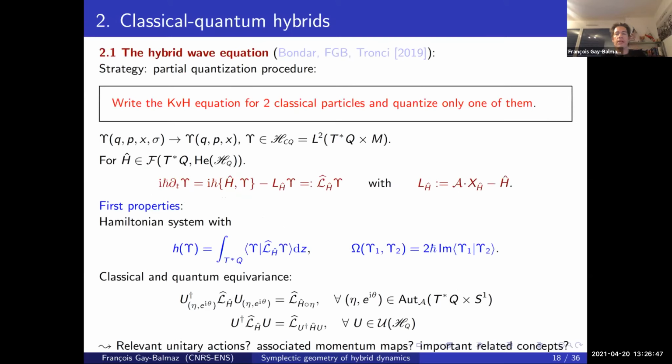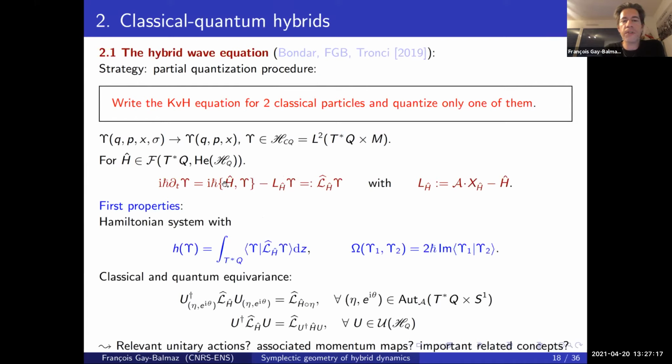Okay, so let's now keep all this in mind and move on to the hybrid equation. The hybrid KvH equation has been described earlier. It's given by this formula. As you remember, a first part is the Poisson bracket of the hybrid Hamiltonian with the hybrid wave function. The second part is multiplying the hybrid wave function with the Hamiltonian.